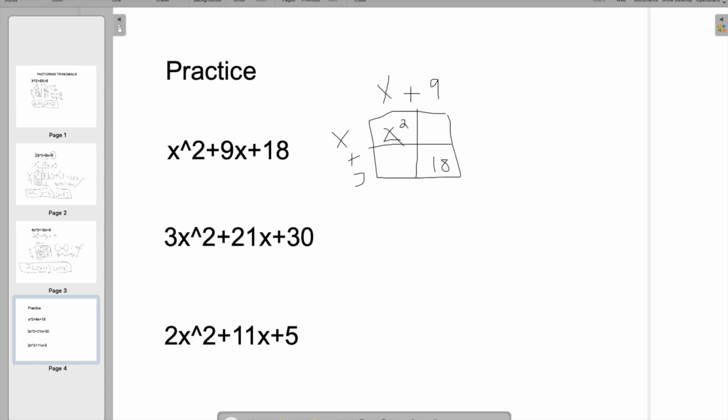So I tried out 9 and 2 first, so 2x plus 9x, which equaled 11x, which wasn't 9x. So I had to try out different factors of 18.